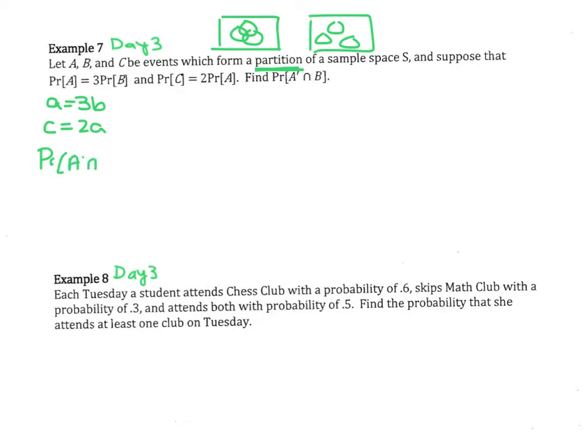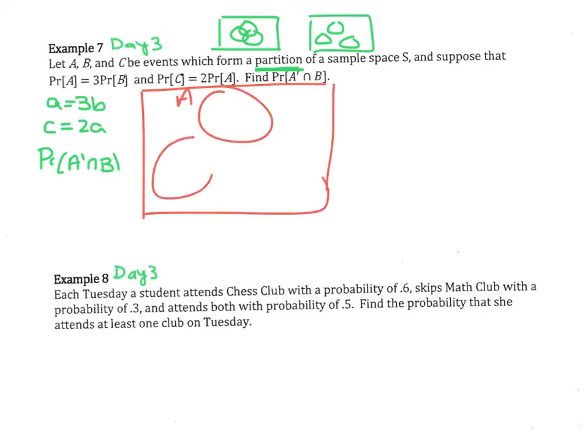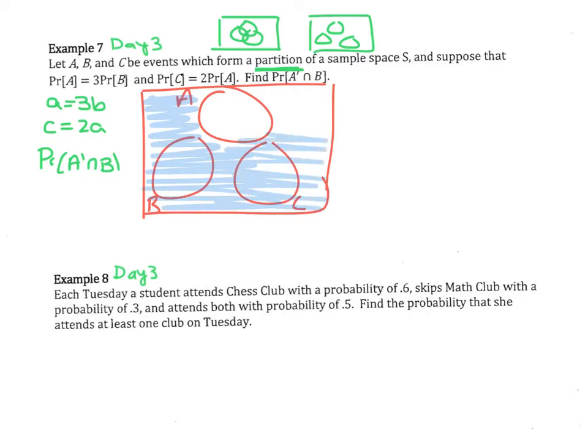Find not A and B. So to form a partition, it wants us to figure out not A, which would be all of this region, and B, which would be only this region.